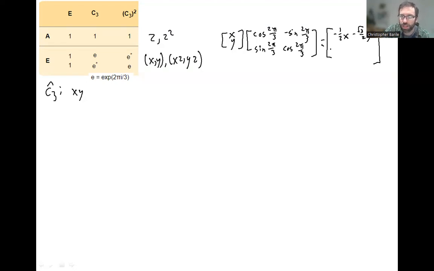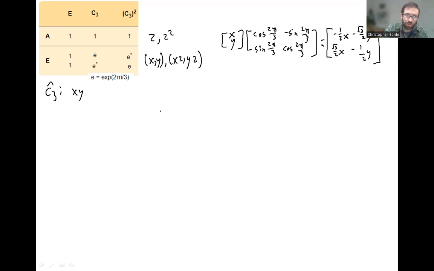And same thing with y. Sine of 2 pi over 3 is root 3 over 2 x this time, following our matrix multiplication rules. And then plus, sorry, we're on cosine here, that is negative 1/2, so minus 1/2 y.